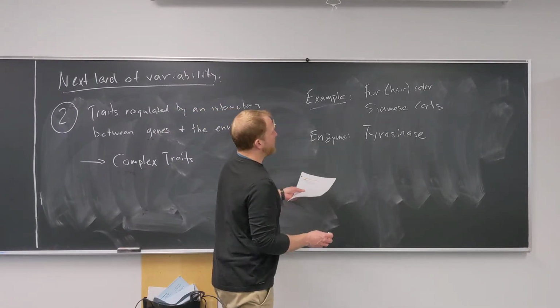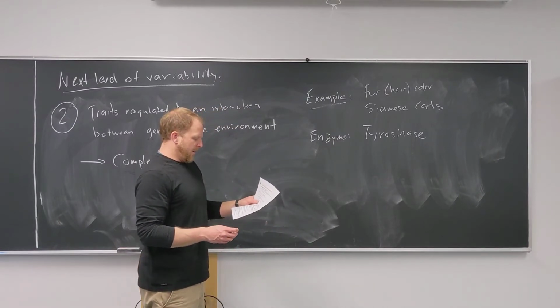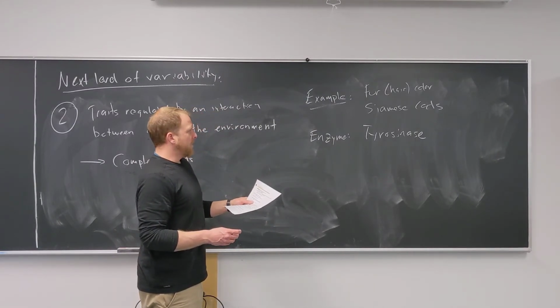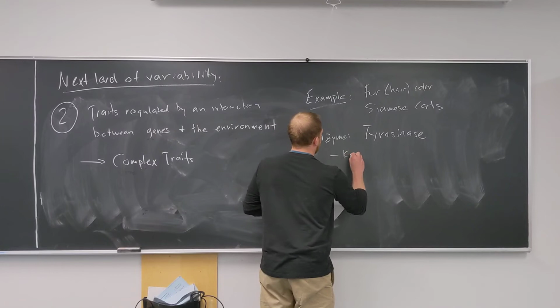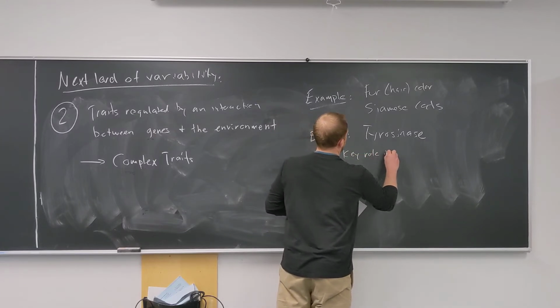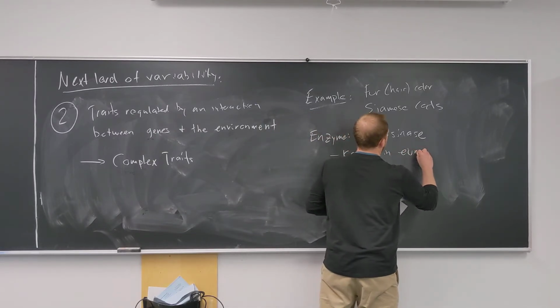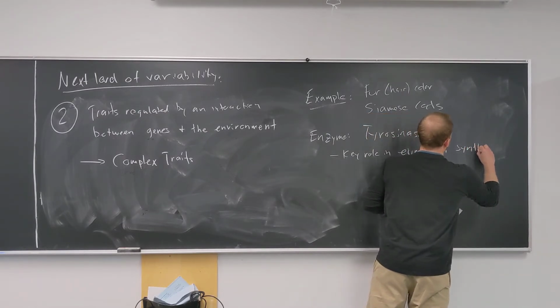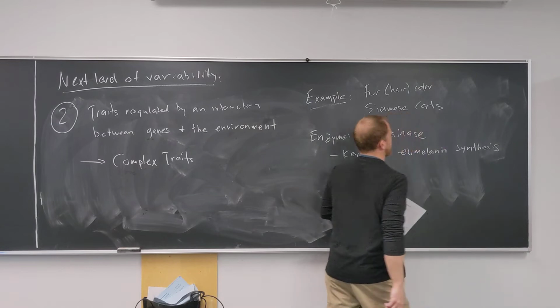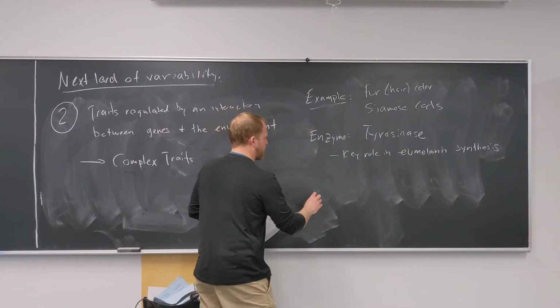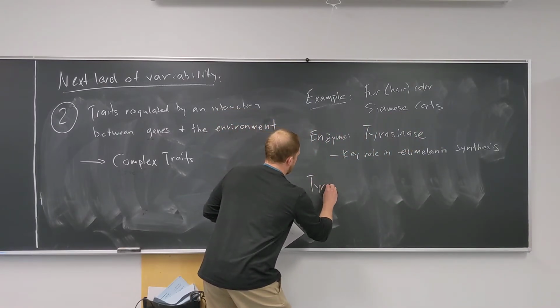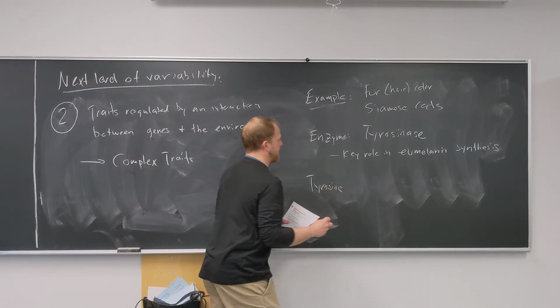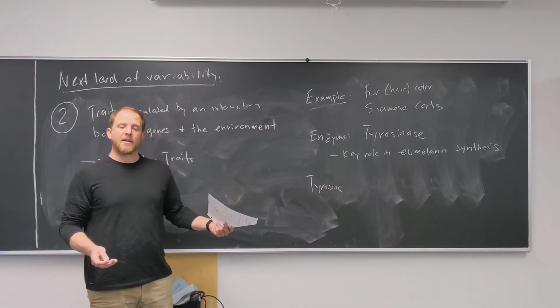If we're talking about hair color again, this plays a key role in eumelanin synthesis. So the precursor for eumelanin is actually tyrosine. You'll recognize tyrosine as an amino acid.